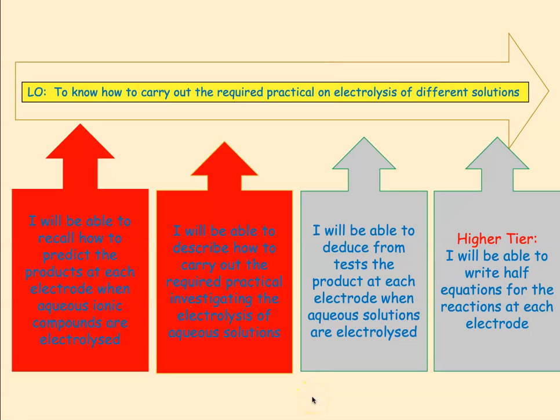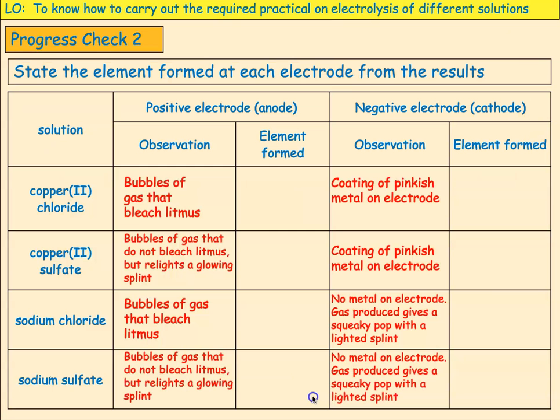Now we're going to see if, based upon observations, you can deduce from those tests what the element is. These are the observations that have been made. Copper chloride: at the positive electrode, we've got bubbles of gas that bleach litmus, and at the negative electrode, a coating of a pinkish metal on the electrode.